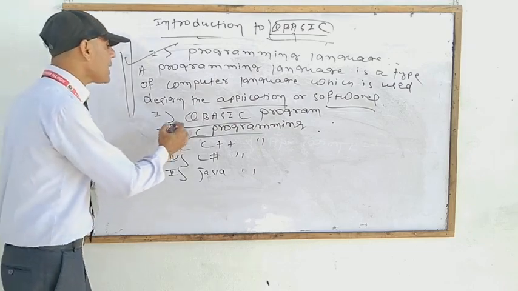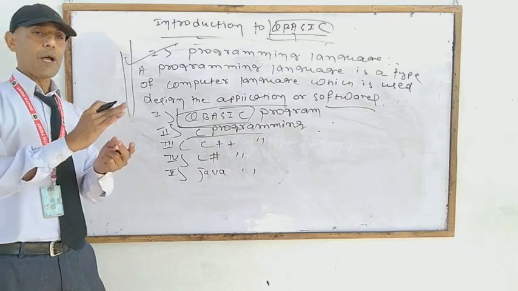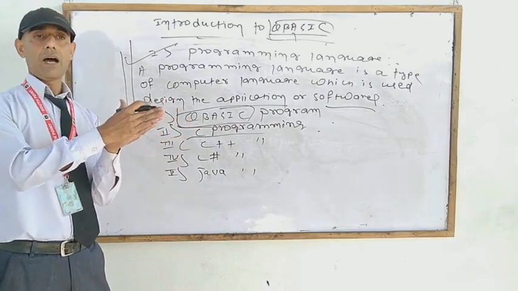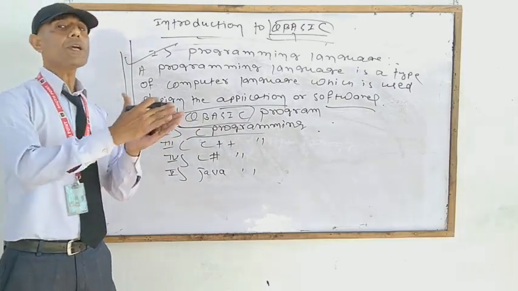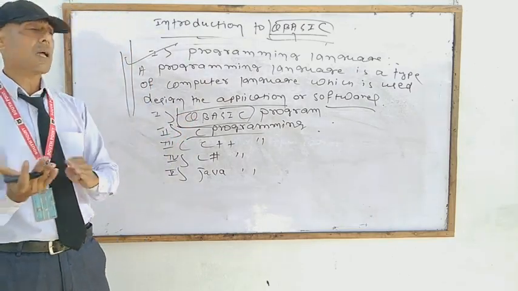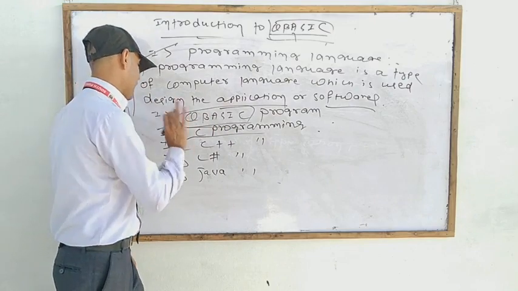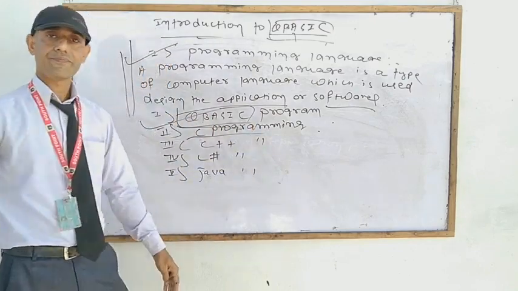In QBasic programming there is the basic information about programming: how to code, how to debug the program, how to design the program, how to write the program. We can learn very easily and very well through QBasic programming.